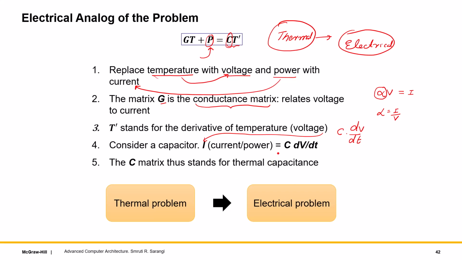So what we have done is that we have taken a thermal circuit. This is the first time I'm using the word thermal circuit, mind you. So I'm taking a thermal circuit and converting it into an equivalent electrical circuit. Why am I doing that? Because I can then use known electrical circuit solution methods, circuit simulation methods, to actually solve this problem.